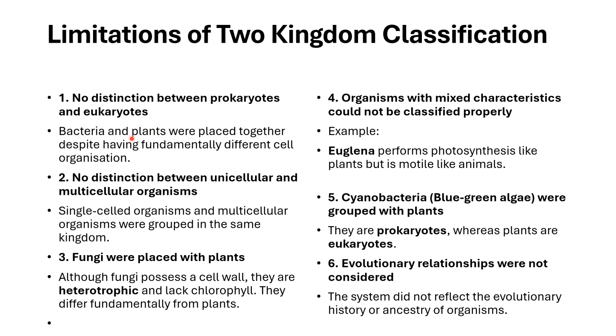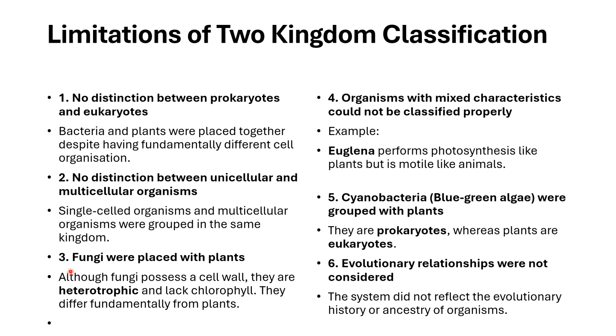So they have a fundamental difference with respect to cell organization and cannot be put together, right? Second point is no distinction between unicellular and multicellular organisms. Again in plants, bacteria are unicellular, the other plants are multicellular. Again they are different. And in Animalia, protozoans were placed along with other animals. Protozoans are unicellular, other animals are multicellular. So clearly they cannot be put together.